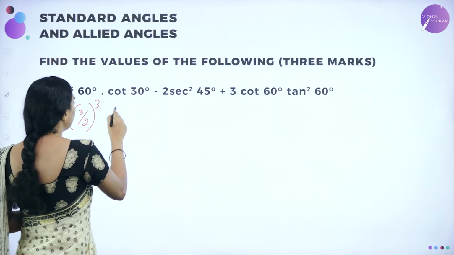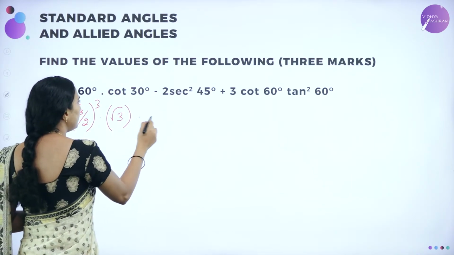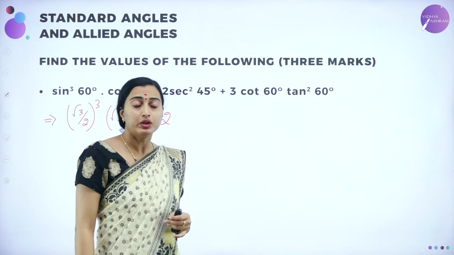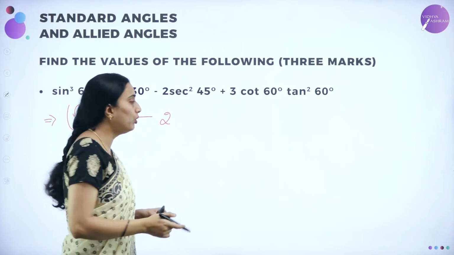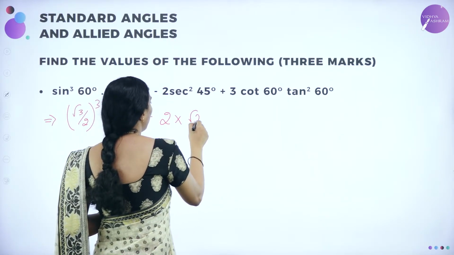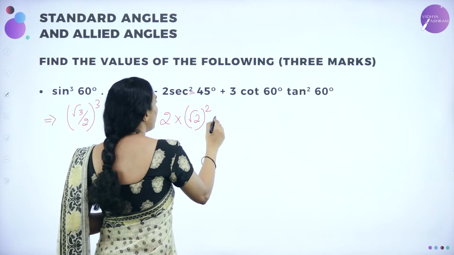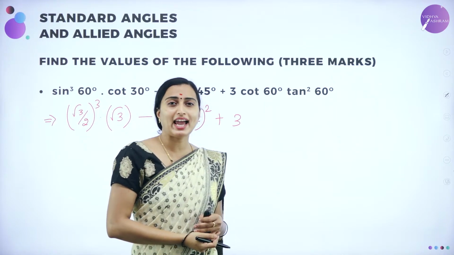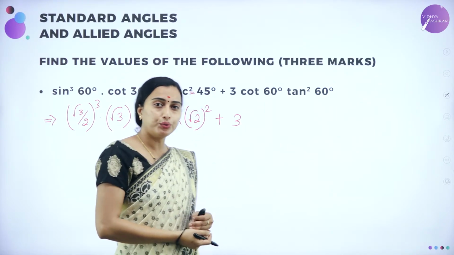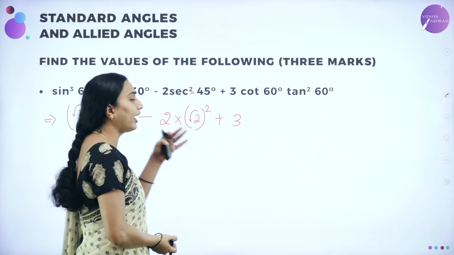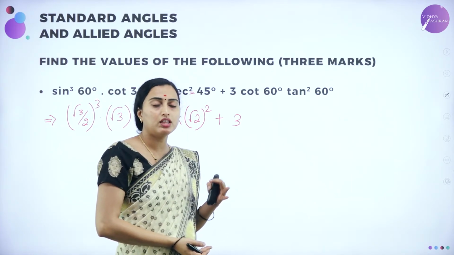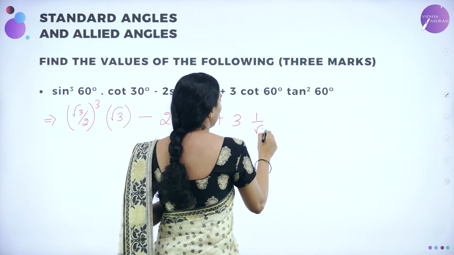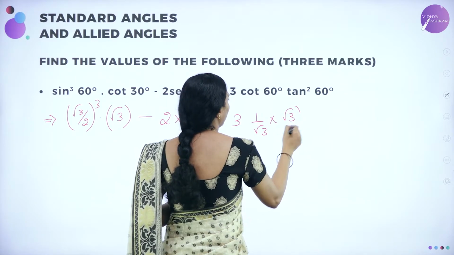So here root 3, minus 2 into, you know already cos 45 degree is 1 by root 2, so secant 45 degree is root 2, 2 into root 2 whole squared because squared you are having, plus 3 into cot 60 degree. Tan 60 degree is root 3, therefore cot 60 degree is 1 by root 3. So here 3 into 1 by root 3 into root 3 whole squared.